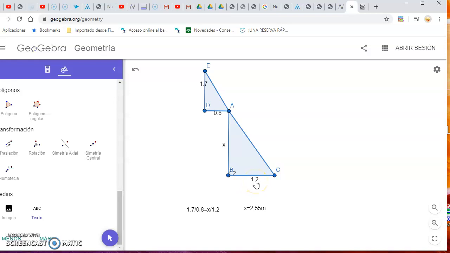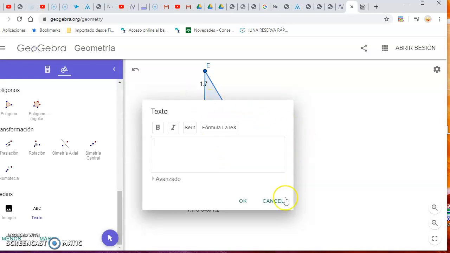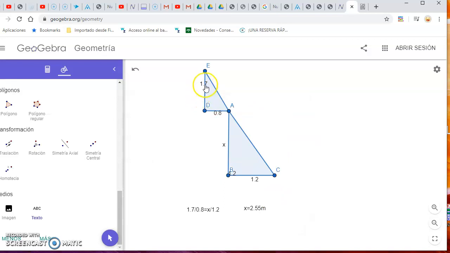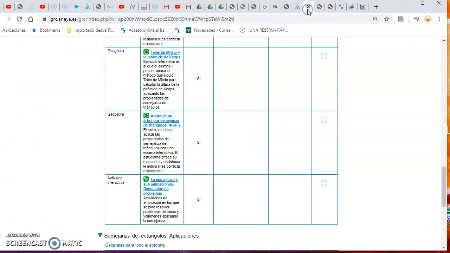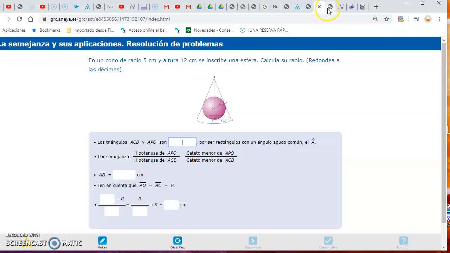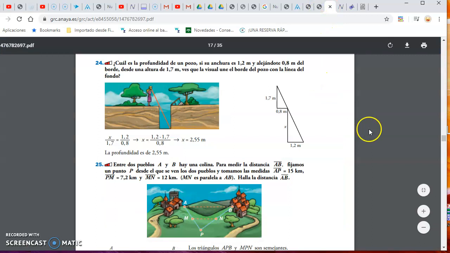Say 1.2 is to 0.8, as x is to 1.7. So you do this and the result is 2.55 meters.